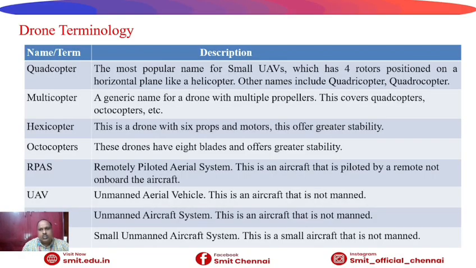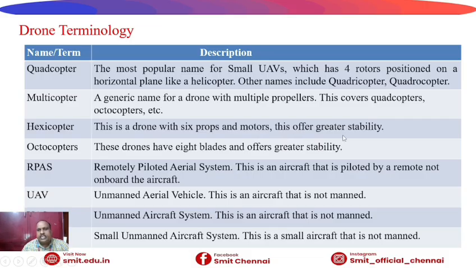Other names include quadricopter or quadrocopter. And multicopter, it is a generic name for a drone with multiple propellers. So this covers quadcopters as well as octocopters.